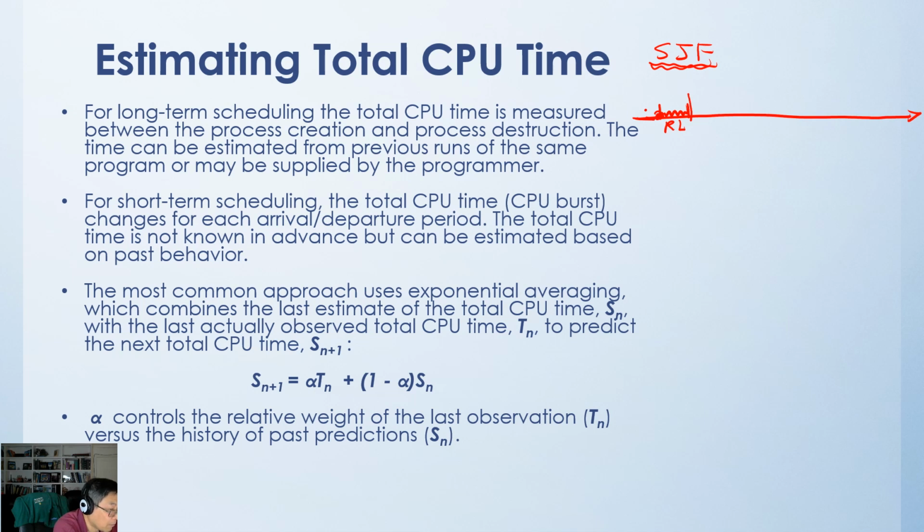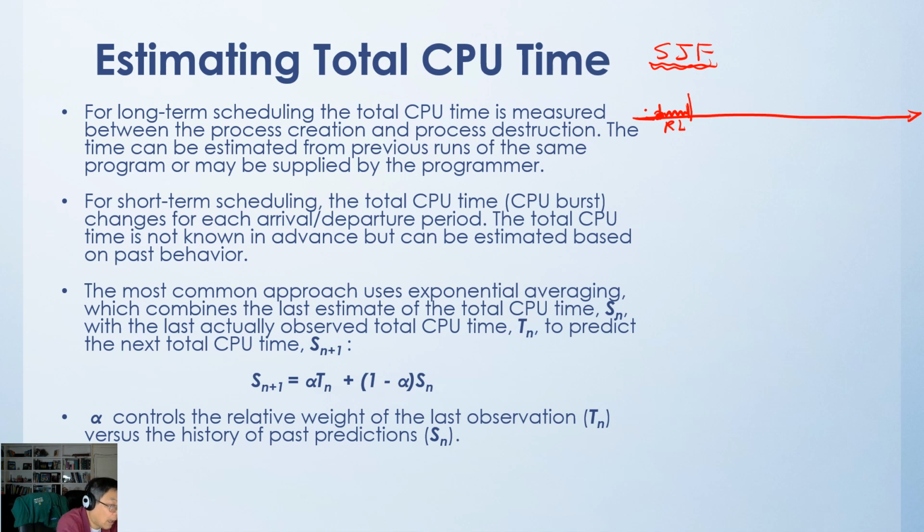That's a question. After the process completes execution, then you know, oh, this process took about 10 minutes or 10 seconds. But before the process starts to run, how do you know which one has the shortest CPU time? That's a problem.